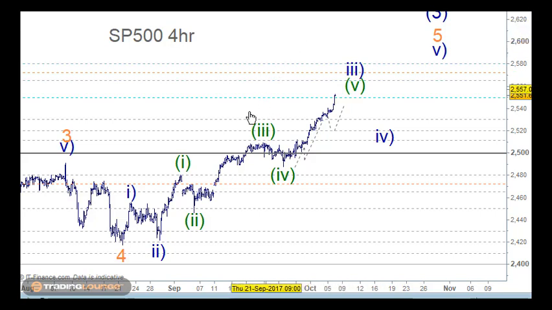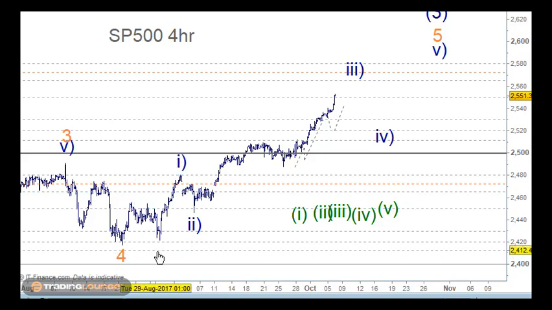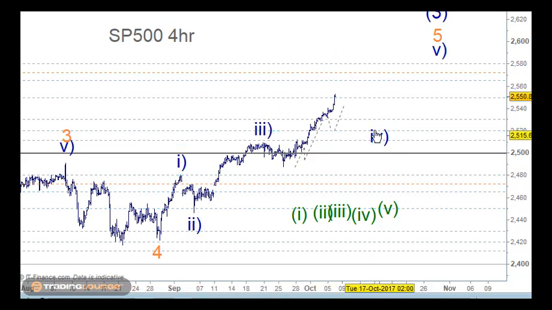The other scenario is that we have wave 2 there, wave 1 here, wave 4 is actually here, an A and a B and a C and a D and an E wave here, with wave 1 here, wave 2 here, wave 3 here, wave 4 here, and wave 5 finishing into around here.